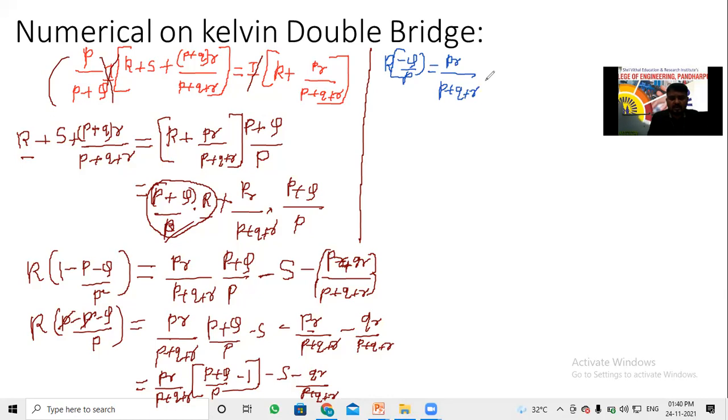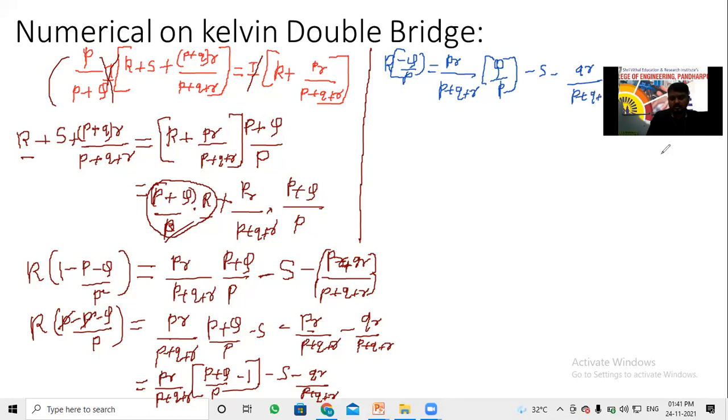This term we can write here. See here, P plus Q, the LCM is P, so P plus Q minus P divided by P. So here also Q by P will be the only term. Directly I will write Q by P, minus S minus QR divided by (P plus Q plus R) here.